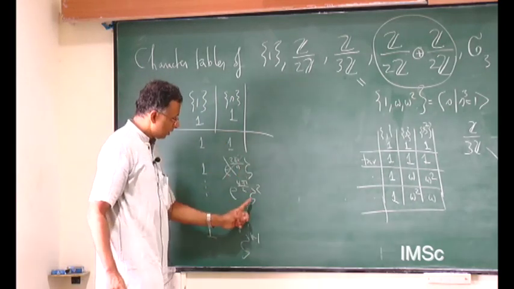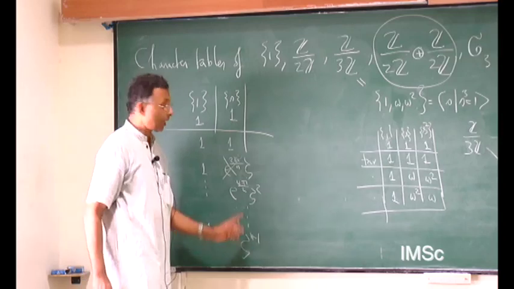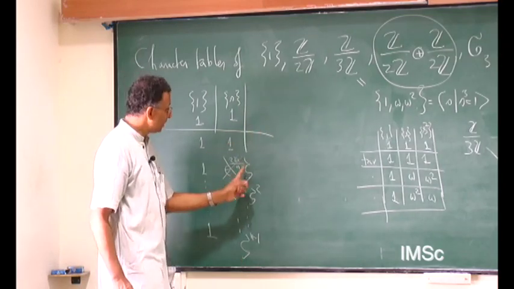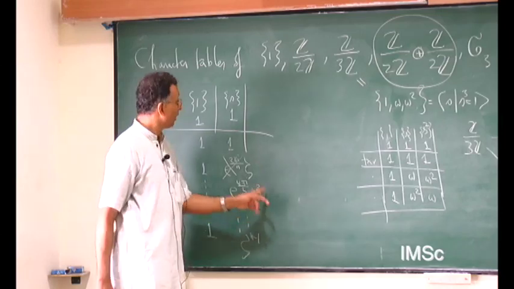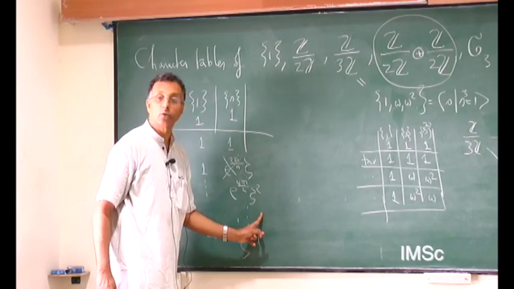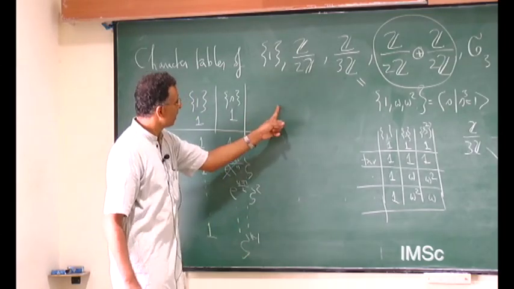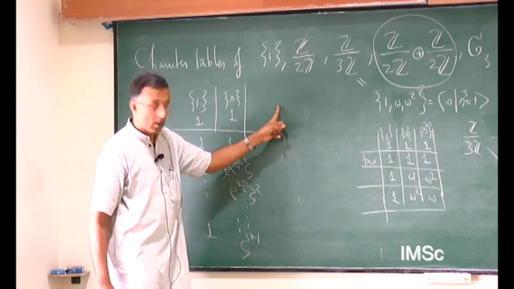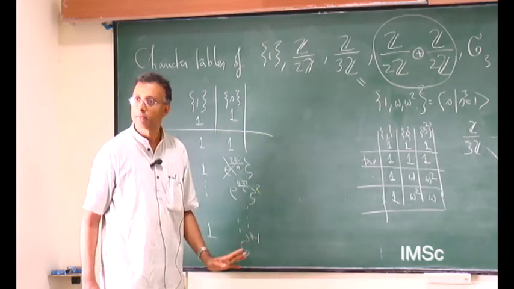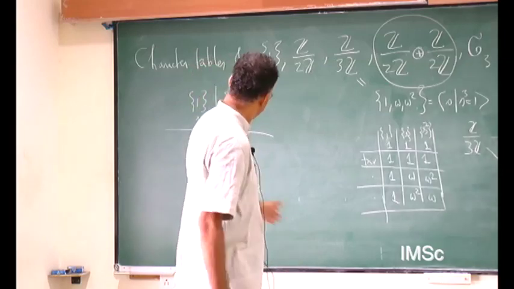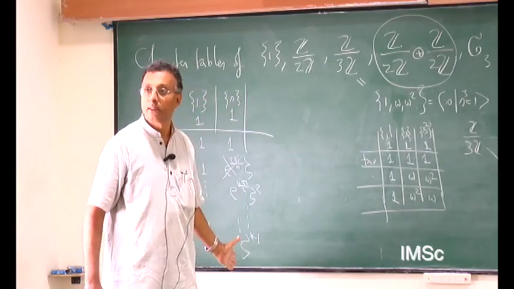S squared here will be zeta squared, then zeta to the 4, S cubed will be zeta cubed here, zeta to the 6 here, and so on. So it is determined by this.